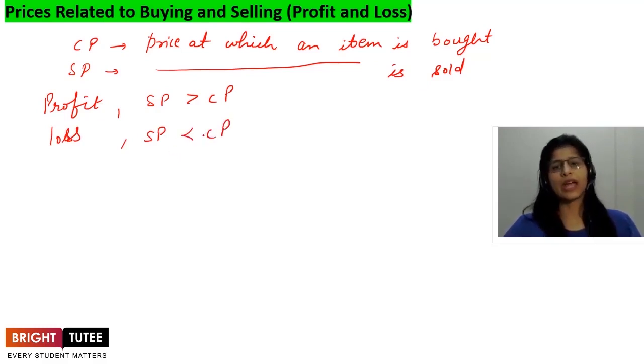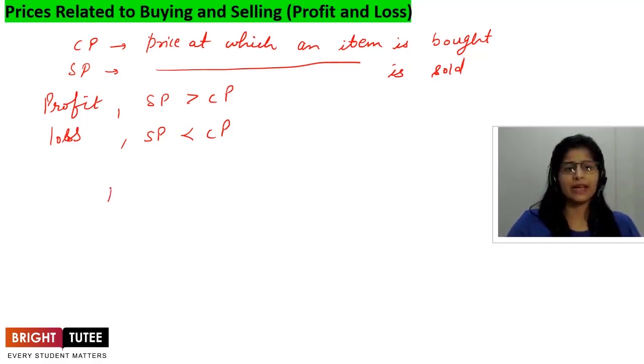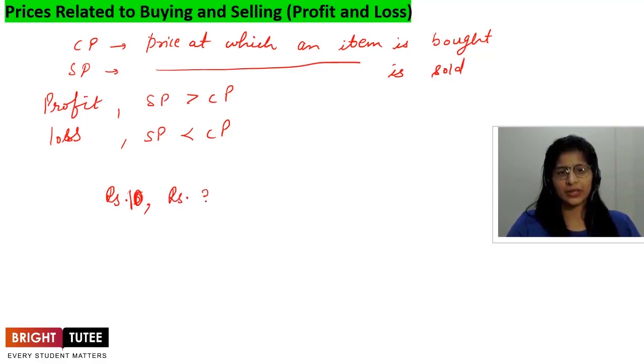Now sometimes the cost price includes many things, known as overhead charges. By the term overhead charges, what I mean is, suppose I buy a pen for rupees 10, and to pack it I am spending rupees 3.